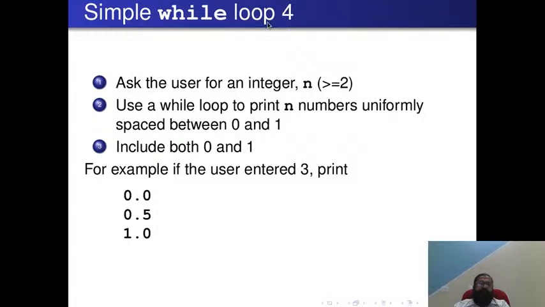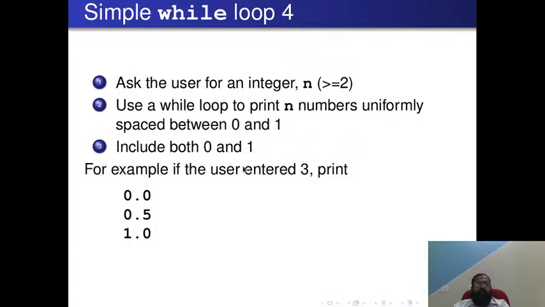simple while loop. Ask the user to enter an integer n greater than or equal to 2. So the user has to enter a value which is greater than or equal to 2. Use a while loop to print n numbers uniformly spaced between 0 and 1. Include both 0 and 1.